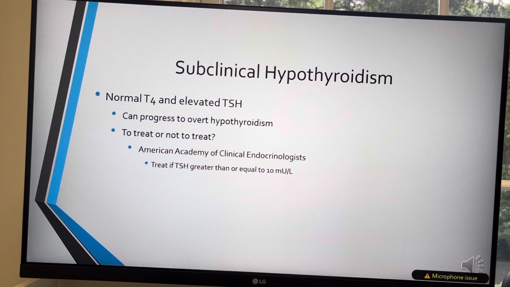If it's elevated, that patient likely has Hashimoto's, and you would treat it as hypothyroidism. If it's not elevated, you can kind of monitor it. It's entirely up to you and your patient what you want to do with subclinical hypothyroidism. Again, the pros, symptomatic improvement. The cons, lifelong treatment.